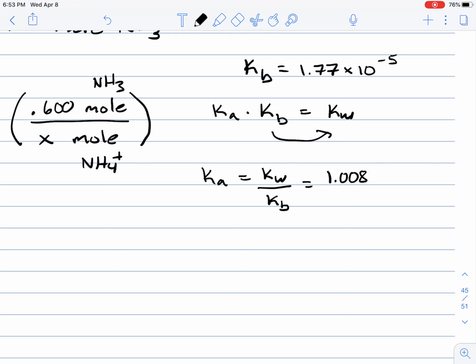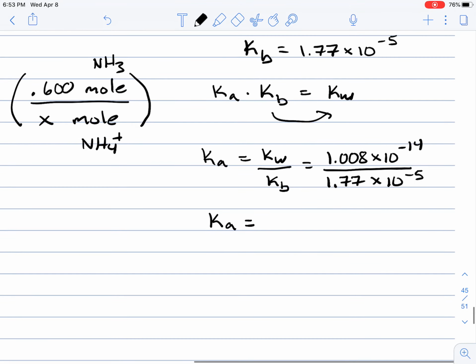So Kw is going to be 1.008 times 10 to the negative 14 over 1.77 times 10 to the negative 5. And so the value of Ka, if you plug that into your calculator, is going to be 5.6949, and then a whole bunch of other numbers, times 10 to the negative 10.